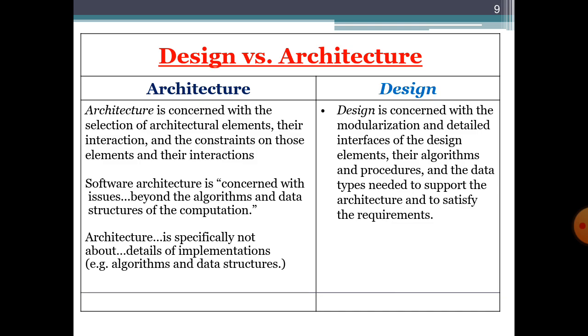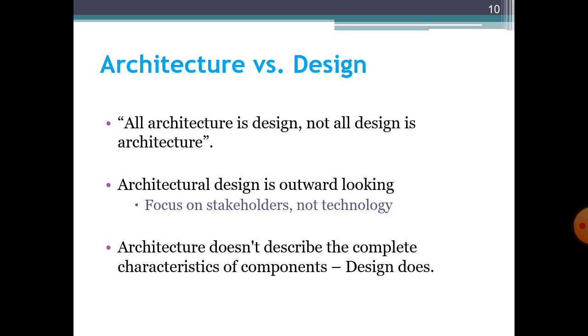So students, here we see the difference between the architectural design and the detailed design. In short, you can say that all architecture is design, but not all design is architecture. So what does it mean?